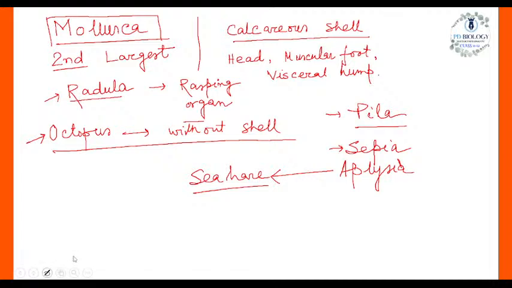So moving to the next one, the Echinodermata. So echinoderms possess an endoskeleton of calcareous ossicles.